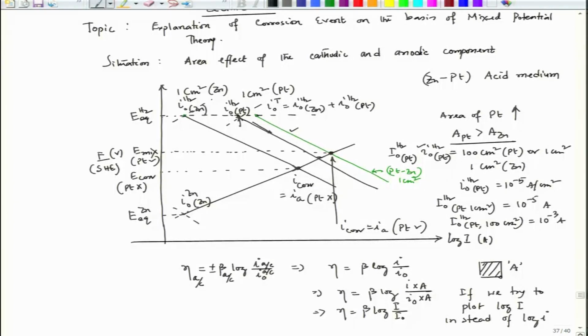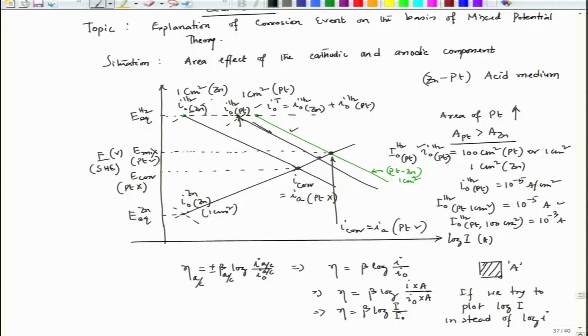Now, we are talking about everything in terms of capital I. If it is 1 centimeter square, and this is all the time 1 centimeter square, it does not change. So, in case of 1 centimeter square, capital I0, that means current, is equal to current density magnitude wise. Their units are different, but magnitude wise they are the same.